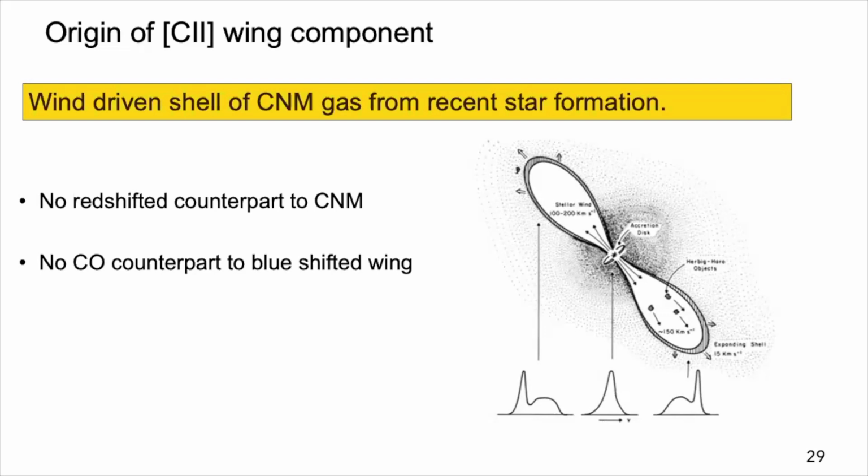And since the CO is really the first layer of gas that an outflow would see, you'd expect to see a CO outflow. Now, our sensitivity in CO is not great to pick up outflows, but we don't see any CO counterpart to a blue shifted wing. We don't see a blue shift, we don't see a red shift. So I'm going to sort of discount this possible explanation for that blue shifted feature.